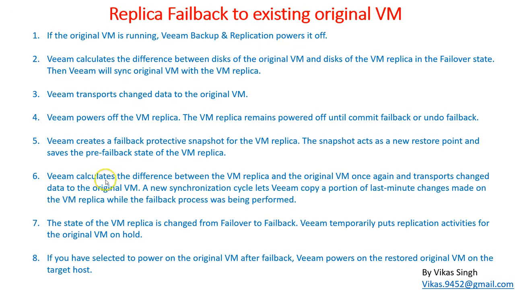and transfers the changed data to the original VM. In any synchronization cycle, Veeam copies the portion that changed in the last minute. So again, Veeam Backup and Replication checks the difference between the original VM and the replica VM, and syncs both virtual machines.